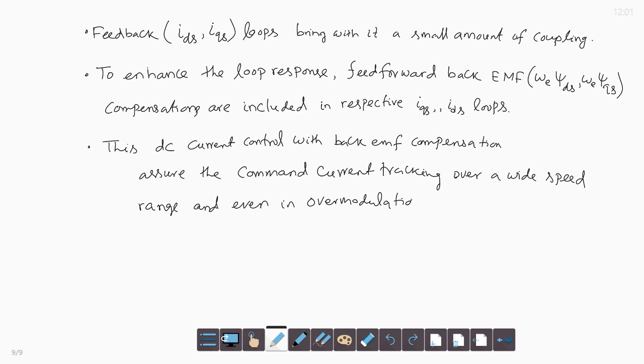So, this has the advantage: synchronous frame current control, the DQ current control, enhances the performance and is preferred compared to hysteresis band PWM current control. So, this is important. Thank you for attention.